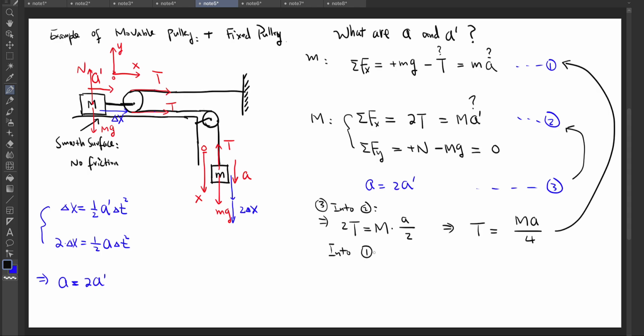Into equation 1. Then we have little mg minus 1/4 big MA to replace T equals little ma. So now I can combine 1/4 big MA with little ma.